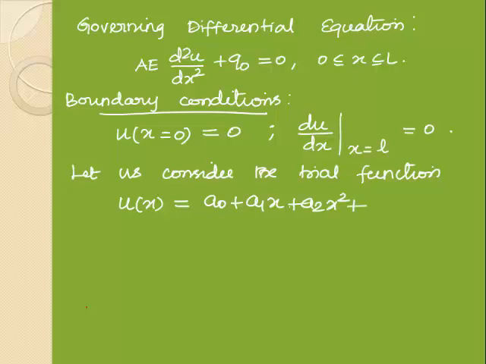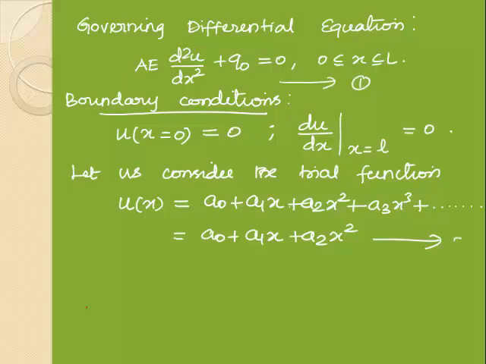This is a standard polynomial function. But for the given problem, since the order of the governing differential equation for the bar element is 2, it is enough to choose the polynomial function of order 2. So a0 plus a1x plus a2x square. We can keep this as equation 1 and this as equation 2.